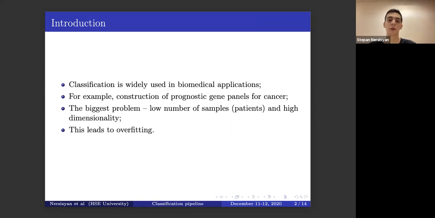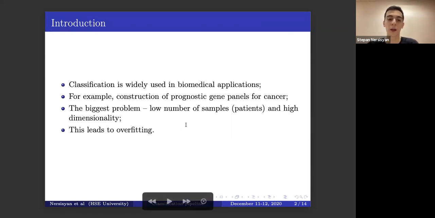So the biggest problem for biomedical classification is that the number of samples is usually low. Number of samples derived from tissues, from tumors of patients. Usually it's tens or hundreds. And also we usually get very high dimensionality.